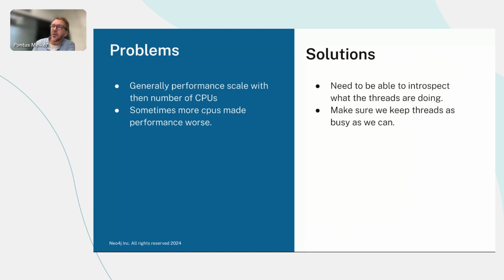So this is a problem we have been working hard to solve during the year. In general, the performance scales nicely with the number of CPUs. However, there are cases where more CPUs make performance worse.